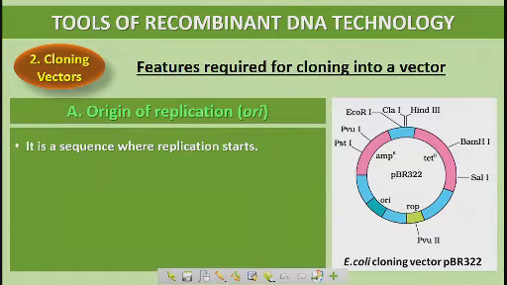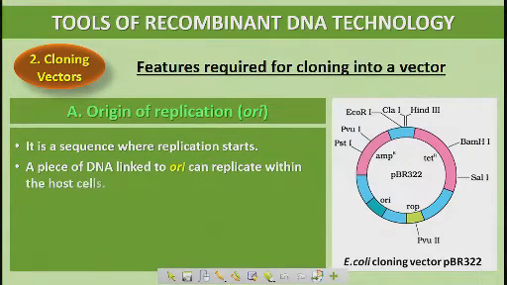So each vector must have the origin of replication. It is a sequence where replication starts. A piece of DNA linked to origin can replicate within the host cell.